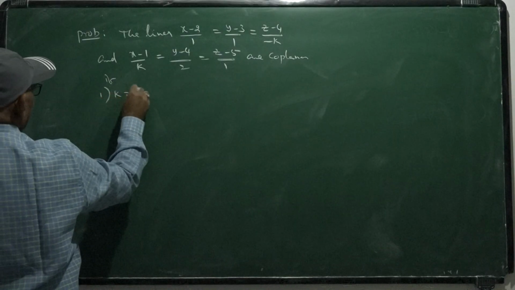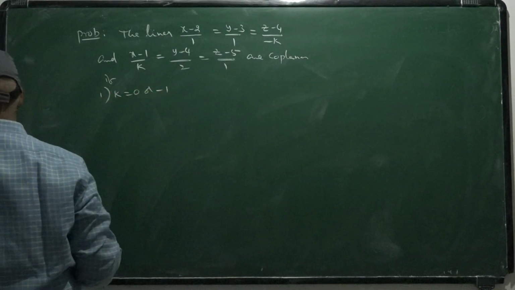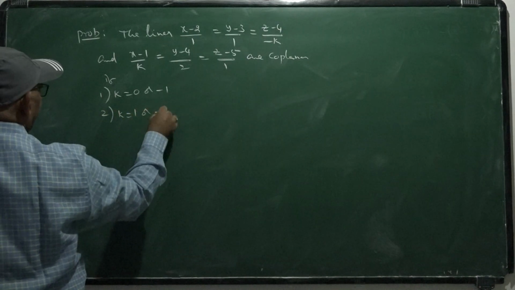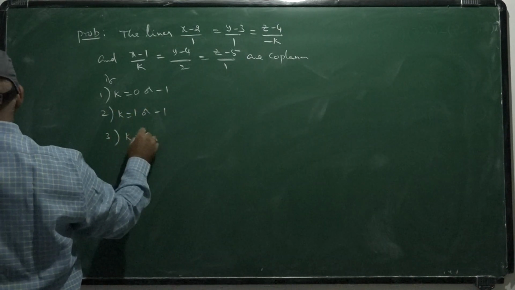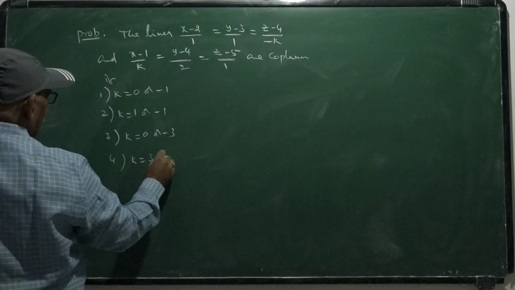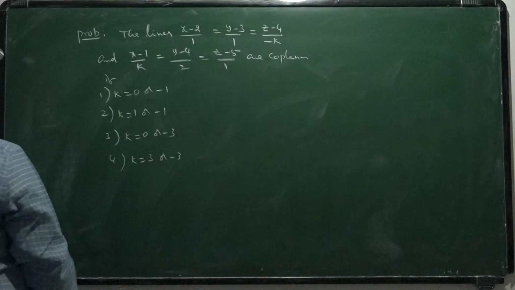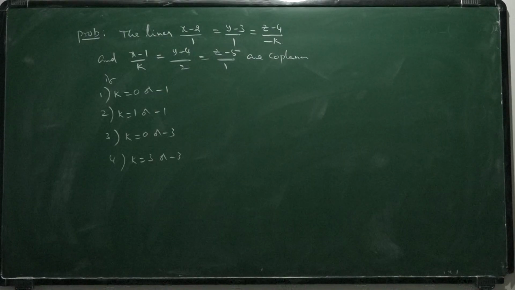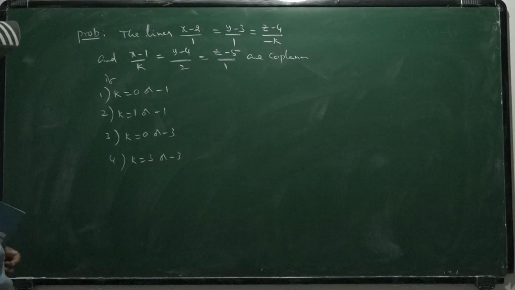Here the options are k is 0 or minus 1, k is 1 or minus 1, k is 0 or minus 3, k equal to 3 or minus 3. So these are the lines which are coplanar. Once they are coplanar, what is the value of k? This is given in 2003 mains.